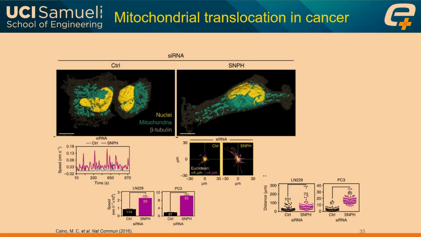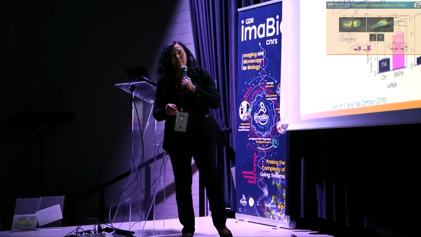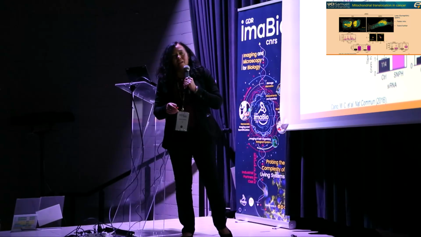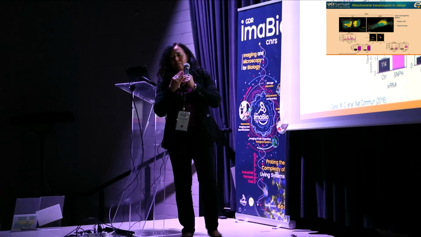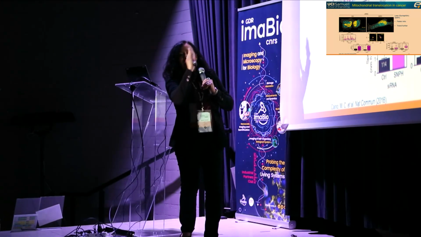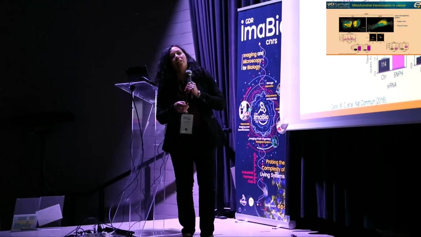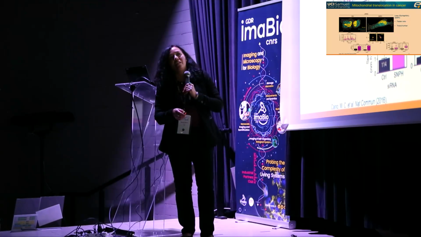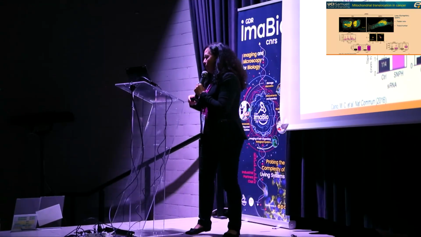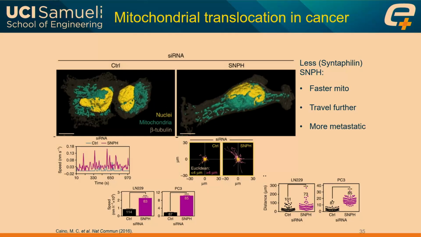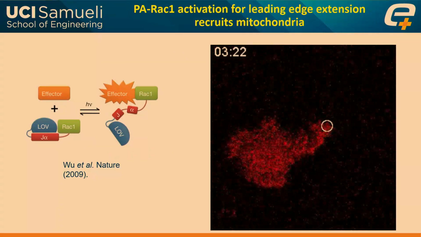If they use siRNA to shut down the production of synaptophilin, the recruitment increases the transport of the mitochondria, but not just that, there's no longer a stop sign. The mitochondria are free to actually go to the regions to provide ATP. And the cells become more invasive. They travel faster and they're more metastatic.